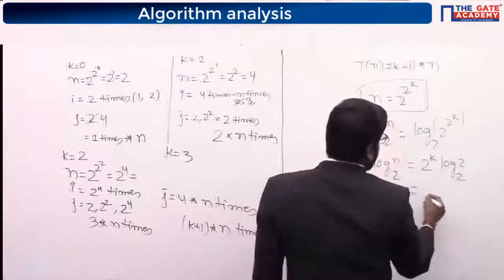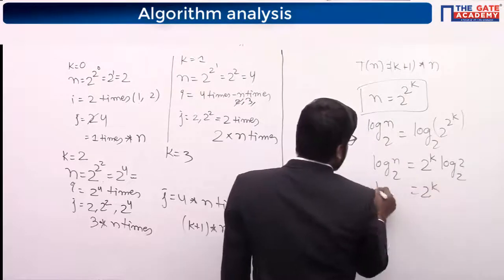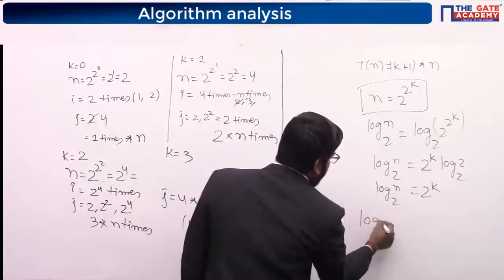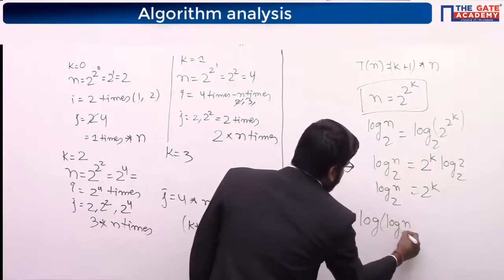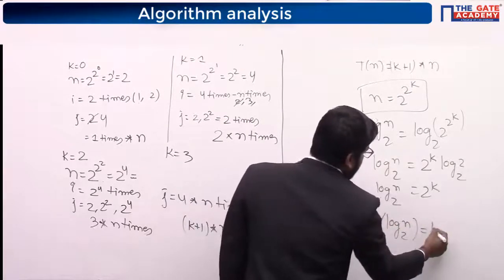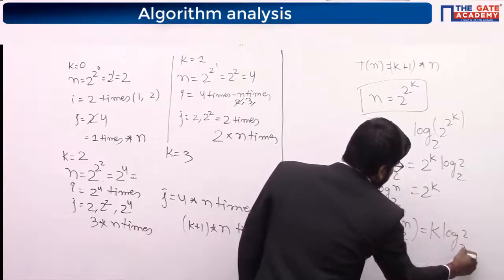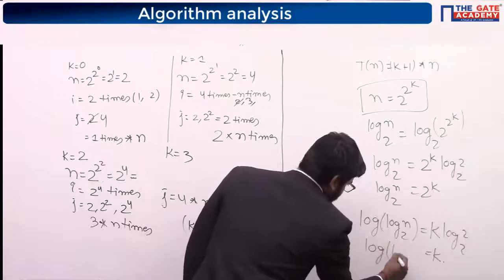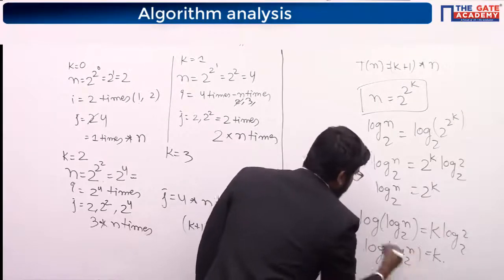So log base 2 of 2 is 1. So 2 to the power k is equal to log n base 2. Now again take log on both sides. Log of log n base 2. So k log 2 equal to log of log n base 2.